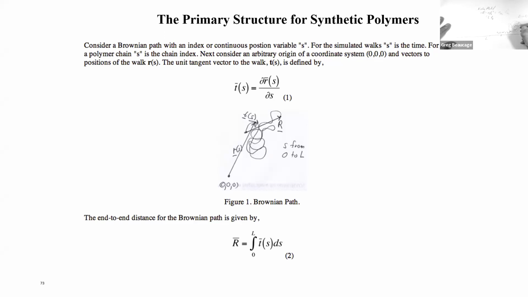Anyway, so this thing has that size, R squared, so the root mean squared size is going to be the size. All right, so that's the Kuhn model, this chemical model, and then the other major model is called the worm-like chain model. The Kuhn model has these steps, and the freely jointed chain is the same thing as a Kuhn model.